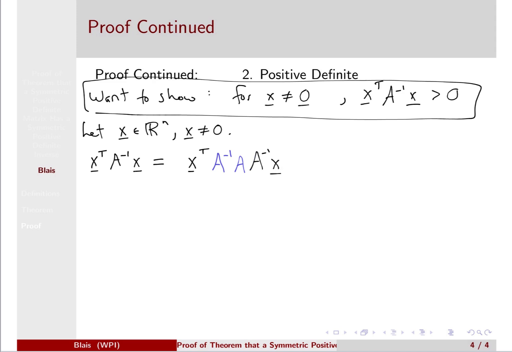We of course know that A inverse times A is the identity matrix from the definition of matrix inverse. And we can now use associativity of matrix multiplication to pair these off as follows. x transpose A inverse, that will be one term. Then we're left with that A in the middle. And then we have A inverse x.